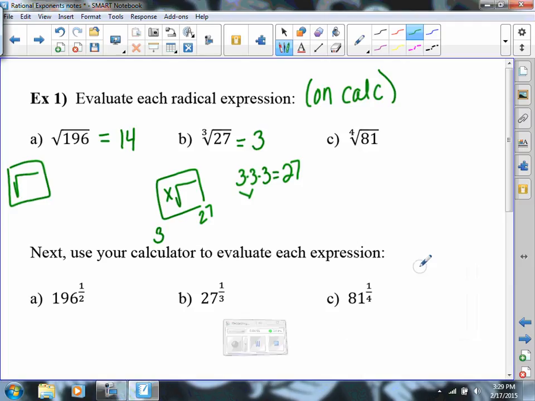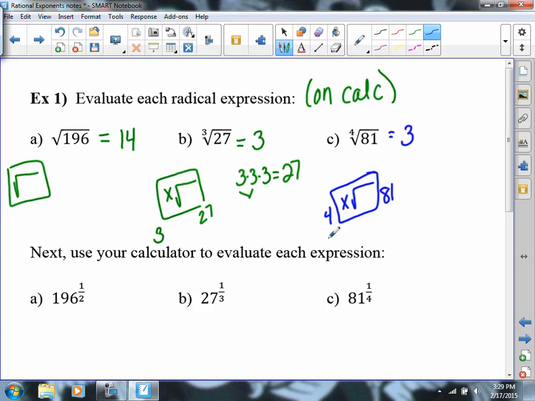And then for part C, let me switch colors here so it's a little bit easier to see. Again, you want to use that x root button. So you might have to do 4 and then the x root button on your calculator and then the 81. But again, play around with your calculator and see what you get. But the answer should be 3.